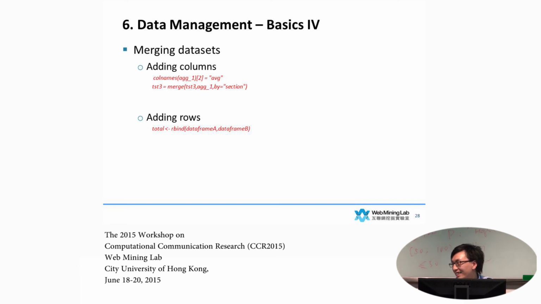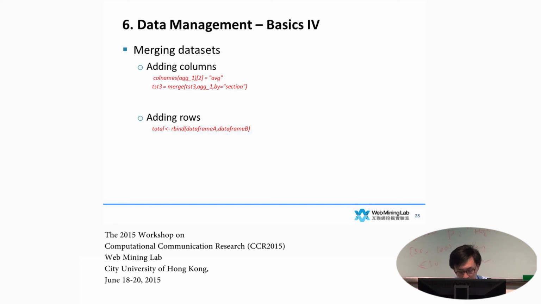Understand? Okay, great. So first we should rename the column names. This one is called WC, and we want to change the variable name to section average.